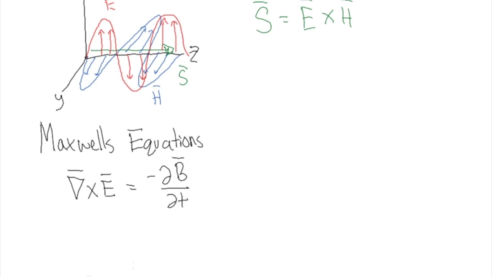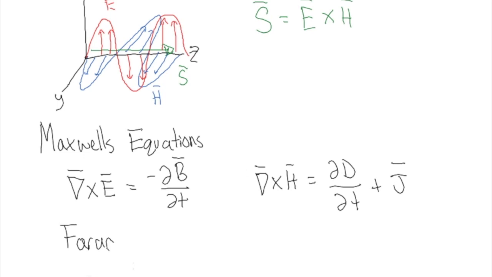And then our second equation is the curl of the magnetic field equals the time derivative of the electric flux density plus our electric current density. Our equation on the left hand side is Faraday-Maxwell's law, and our equation on the right side is the generalized Ampere's law.